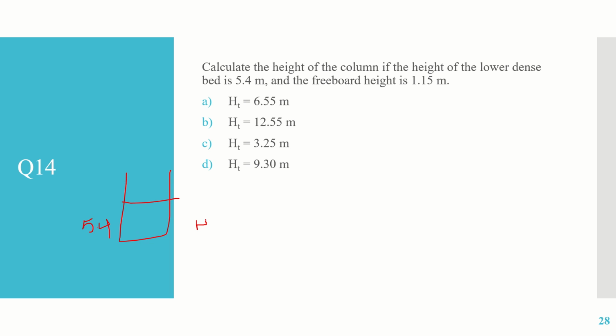It is nothing but HD. The freeboard height is given as HF. This is 1.15. So what is the total bed height? HT is equal to HF plus HD.